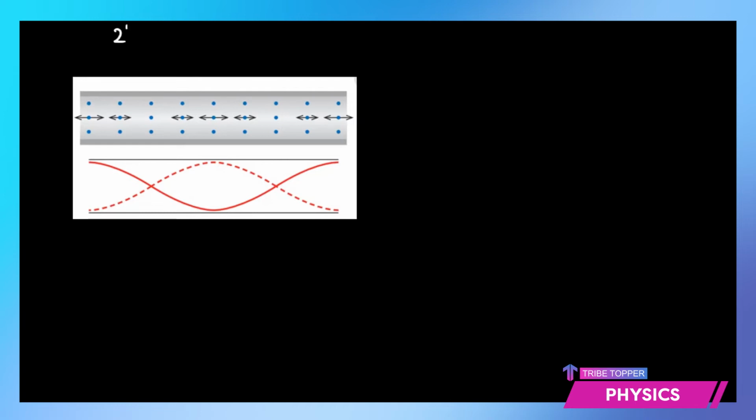The second harmonic is another shape of wave, where you will get two antinodes at the sides. So you can add one antinode more. One is the particles here, then it goes in the middle, and then it goes back.